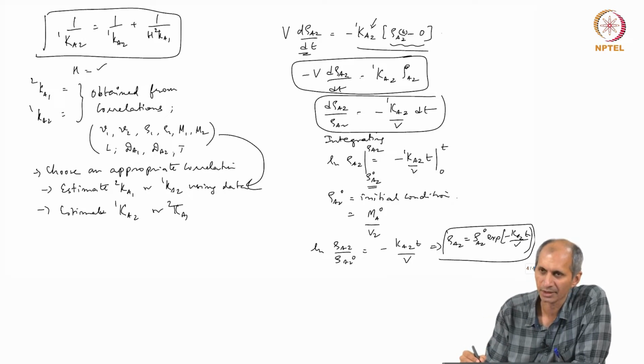I can add other terms to this. I can add another reaction term here, which is also a function of the temperature. Sometimes this happens when, say, biodegradation is taking place in a system.